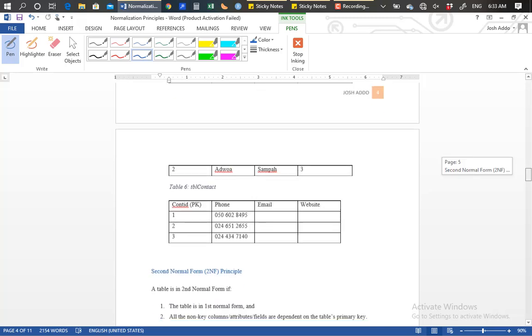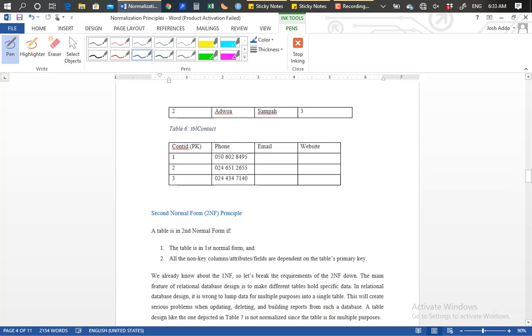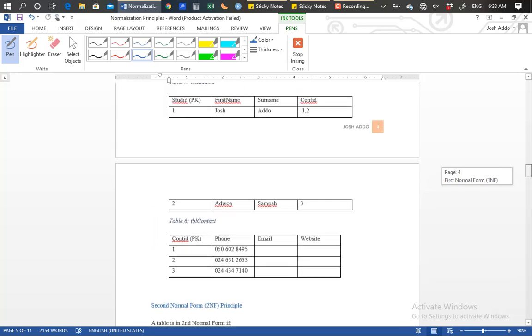And then we have the second table which stores contact specific data or information. Then we link the tables together. So if you look at it, the tables have been separated into 2 tables as we discussed.